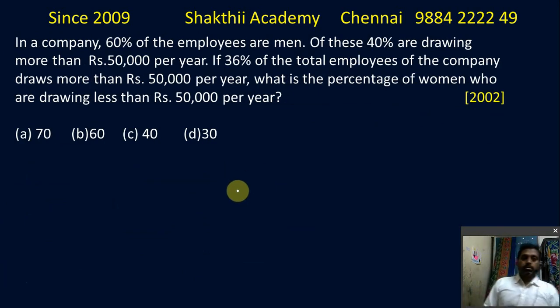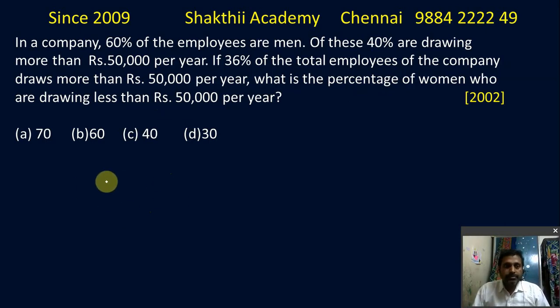In a company, 60% of the employees are men. Of these, 40% are drawing more than rupees 50,000 per year. If 36% of the total employees of the company draw more than 50,000 per year, what is the percentage of women who are drawing less than 50,000 per year? You just put a small table like this so that you can answer in a very easy and smooth way.